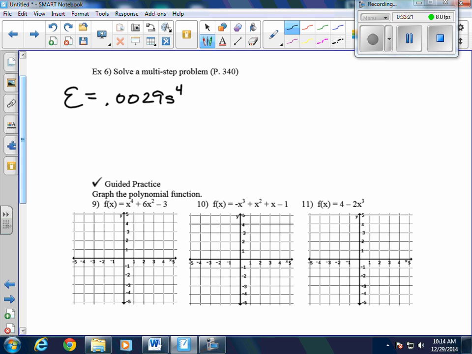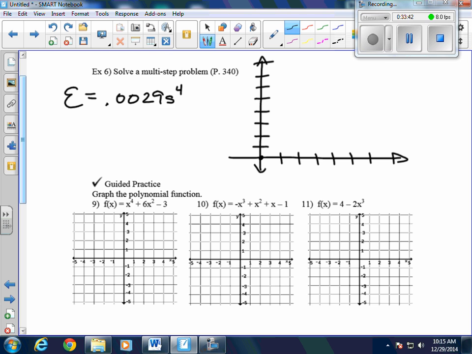Now, in this case, it's a real-life situation. However, we're only probably going to be concerned with the numbers in quadrant 1 because it doesn't make any sense for us to talk about problems where any of these variables are going to be negative.